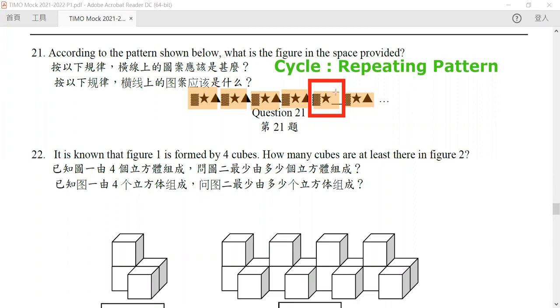So all of you are correct, right? This must be a triangle. Very good. Okay. So again, whenever we see this kind of pattern, we would like to see if there is some repeating pattern.